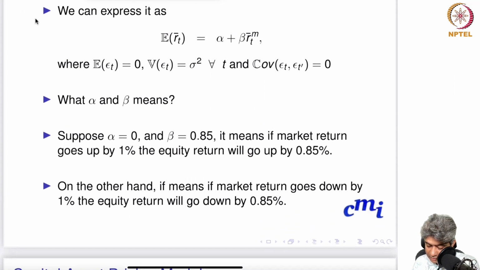Now let us take alpha is 0 but beta is 0.85. It means if the market return goes up by 1%, your equity return will go up by 0.85%, and if the market return goes down by 1%, the equity return will go down by 0.85%.